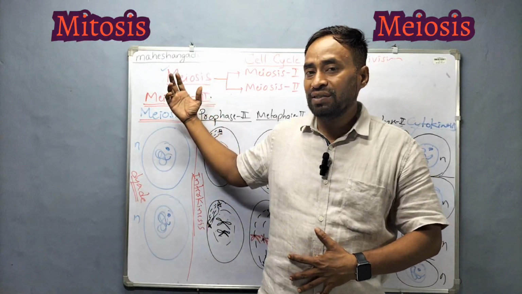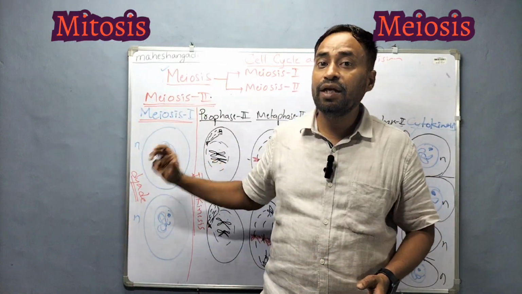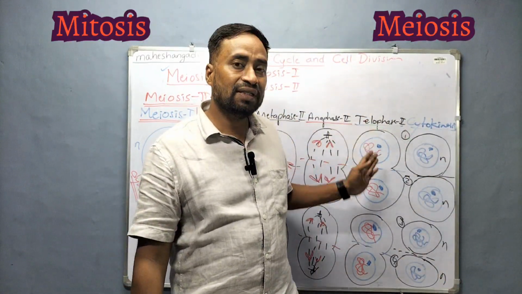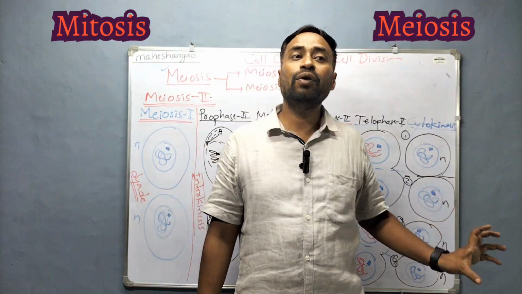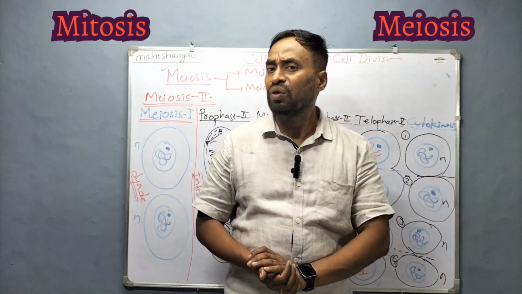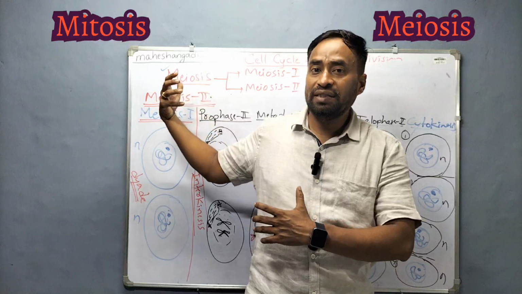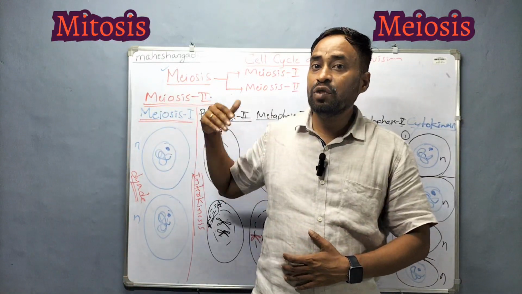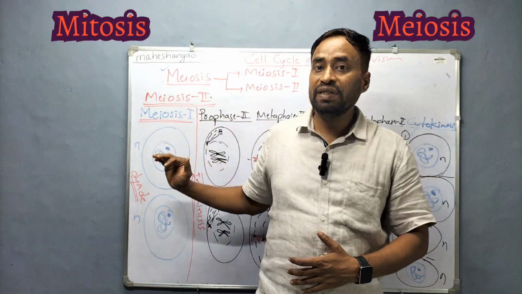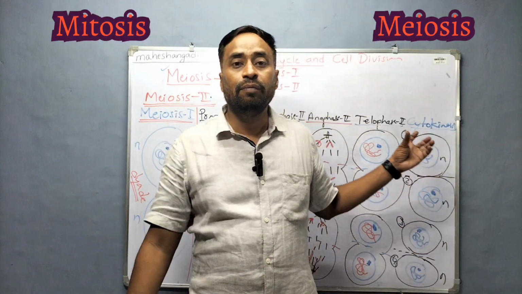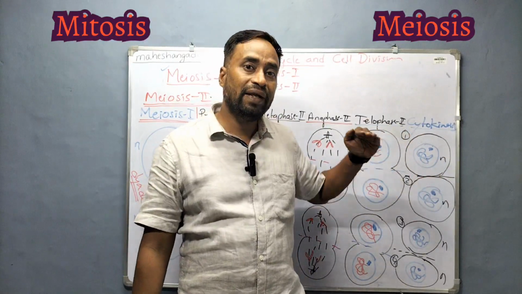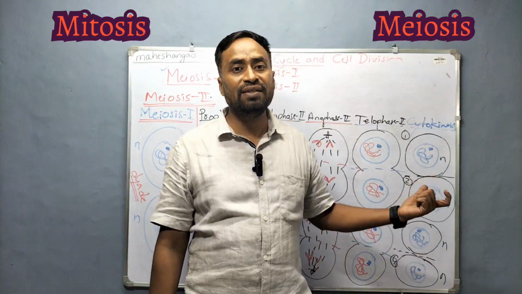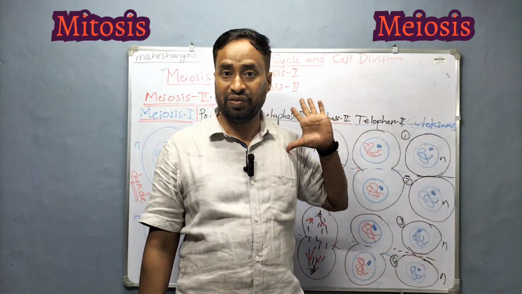In mitosis, daughter cells are identical to each other, whereas in meiosis, daughter cells are non-identical to each other. Mitosis helps in organism growth and also cell repair, whereas meiosis helps to maintain constant chromosome number in that species, as well as bringing about genetic variations.